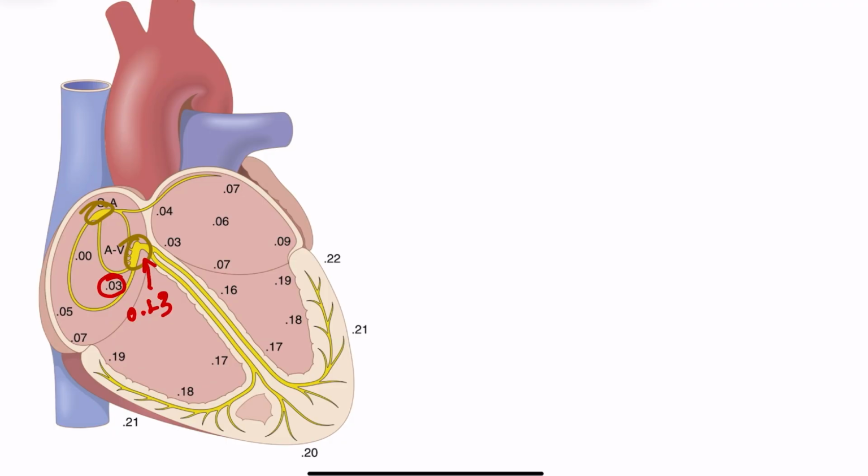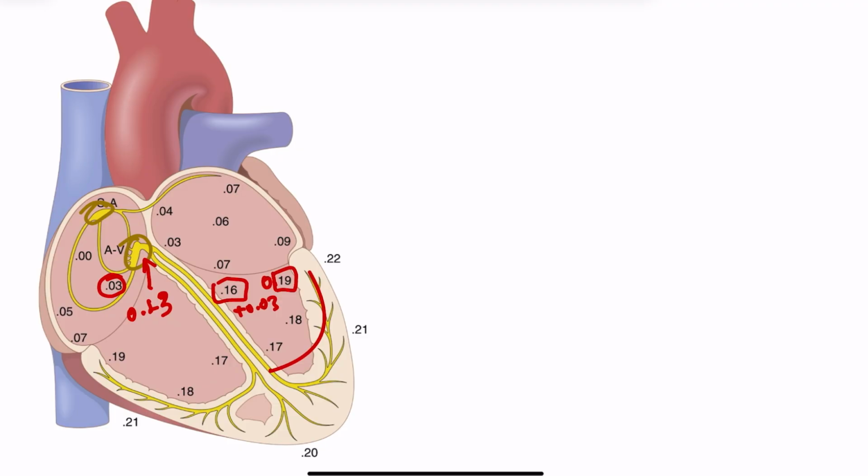So it will be 0.16 seconds till it reaches the bundle branch and the Purkinje system. And from the Purkinje system to reach up to this terminal end, it will take just 0.03 seconds. If we add this, it will come to 0.19 seconds.